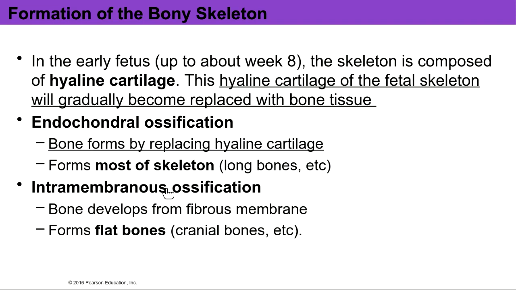So intramembranous ossification, although we're not going to go through the steps of it, you should be aware that this is how flat bones form. And it is a different process. Again, we're not going into it. Just know that there is this second type of ossification, and it's going to be occurring in flat bones. So this would be like cranial bones, for example.